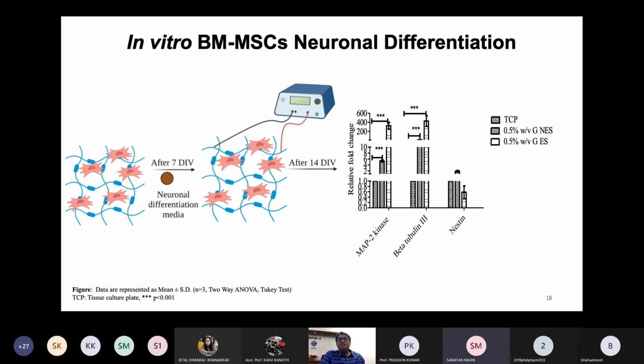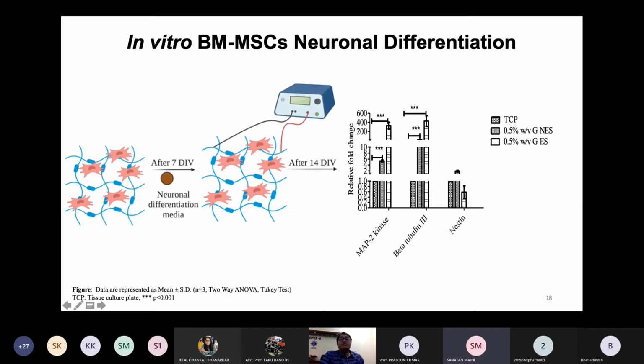Then, what happens if we try to differentiate these stem cells? We planned another experiment. We grew the BMSCs and added the neuronal differentiation media, but we were not entirely dependent on the media; we also gave the current. We kept the cells in neuronal differentiation media for 7 days, and then started giving current.